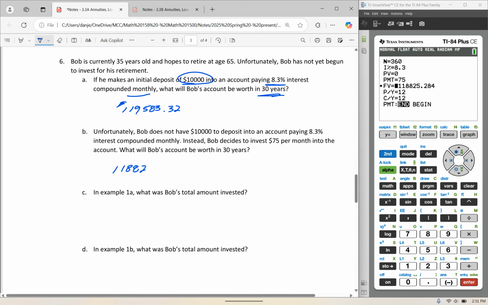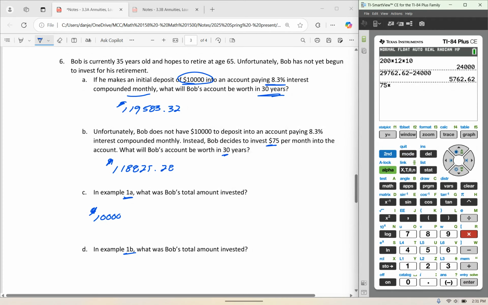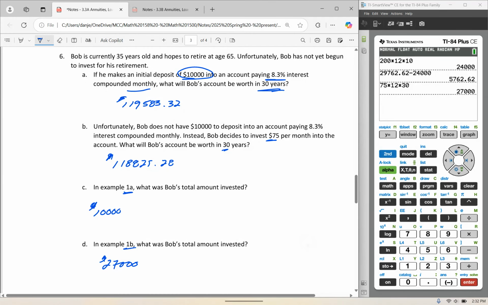His investment out of pocket was $27,000.